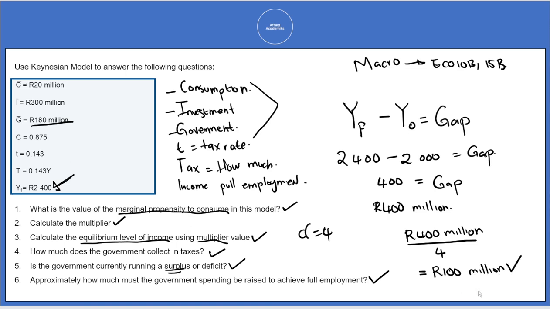So the government spending must be raised by 100 million in order to reach full employment. So it means 180 plus 100 million, and then the government will have full employment. So if the government spends 280 million, they will have full employment. And that is about macroeconomics.